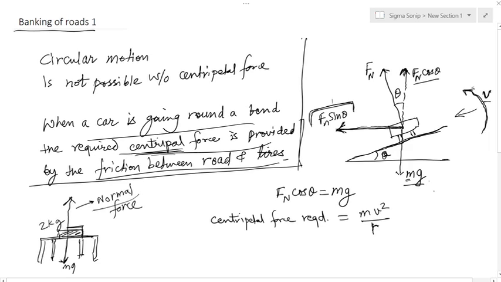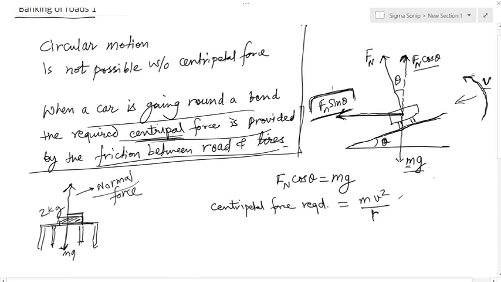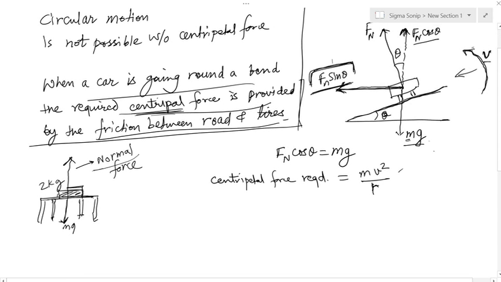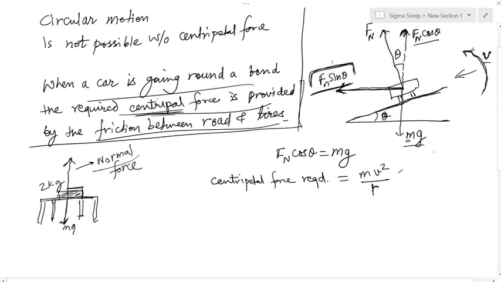Now in the situation where this component of Fn, this Fn sin theta, provides all of this centripetal force, I will not have to depend on the friction between tires and the road, and this is known as the optimum banking angle. In this situation where all our centripetal force comes from this, we can write the equation Fn sin theta equals our total required centripetal force.